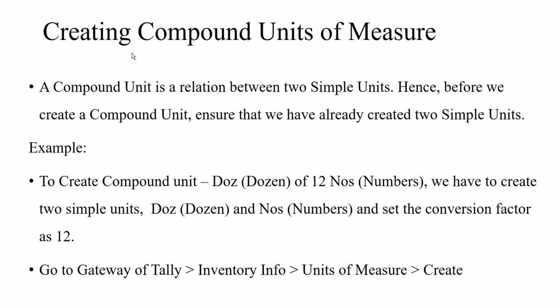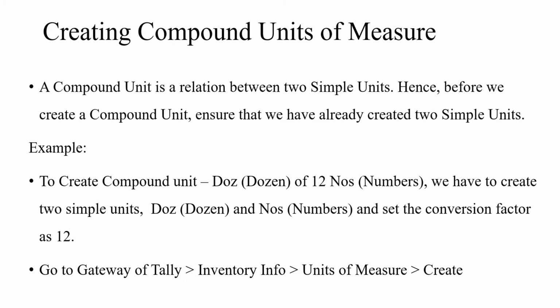The next is about how to create compound units of measure. These are the derived units which are formed by a combination of simple units of measure with a conversion factor. A compound unit is a relation between two simple units of measure.